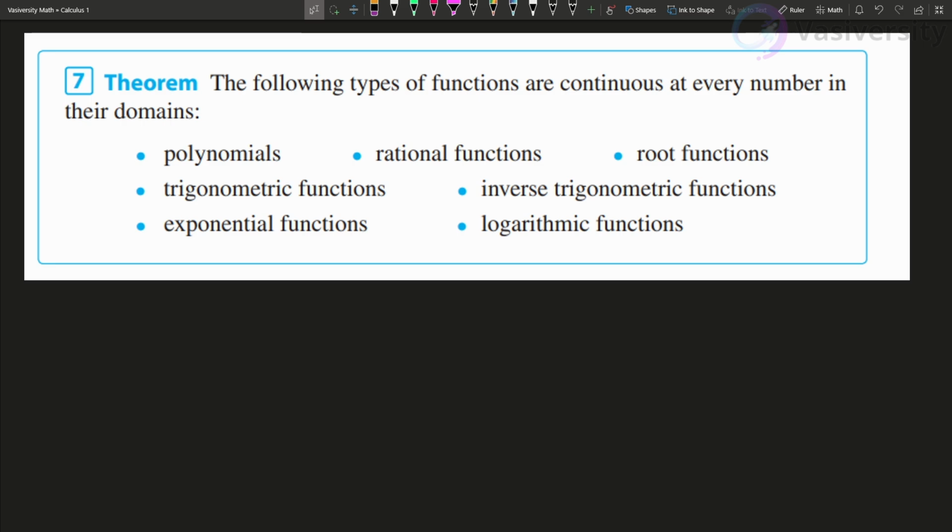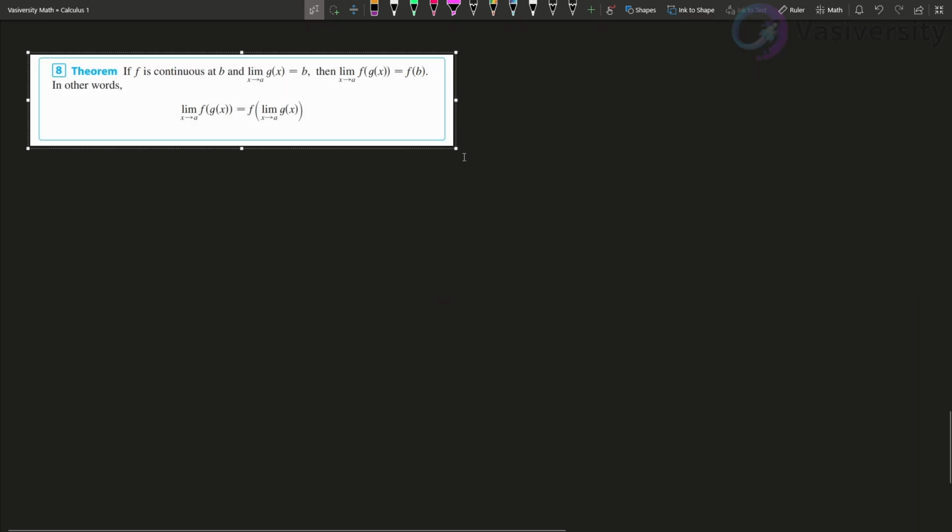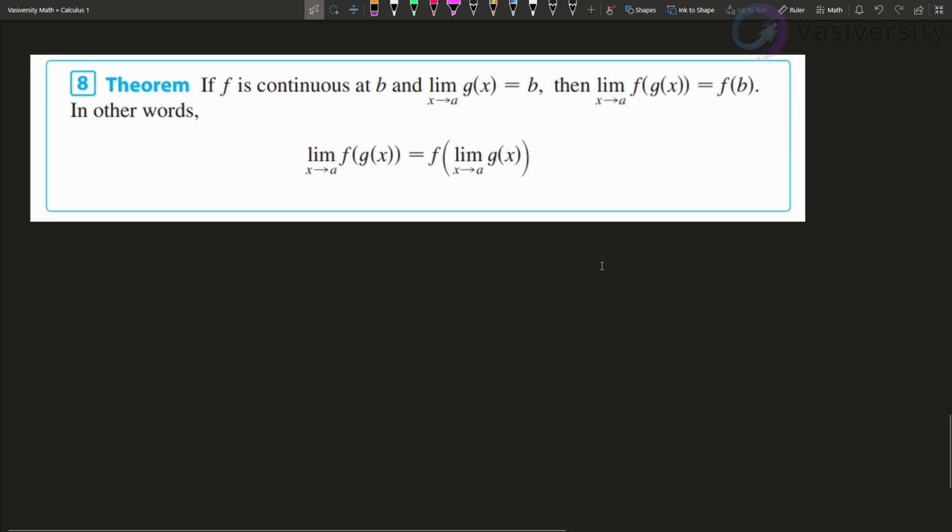All right, let's take a look at one more theorem. If f is continuous and the limit of g of x as x approaches a exists, then the limit of f of g of x is f of the limit. So the composition of two functions is also true.